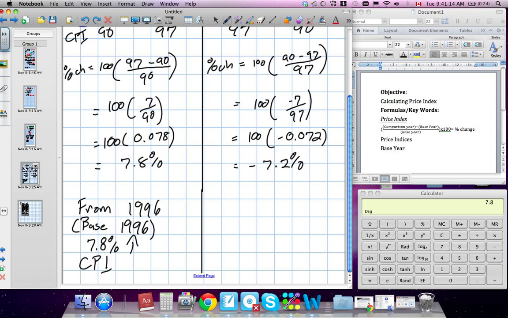So from 1996, base year 96, we had a 77.8% increase in our CPI, from 1996, I should say to what year, sorry, to 2001.